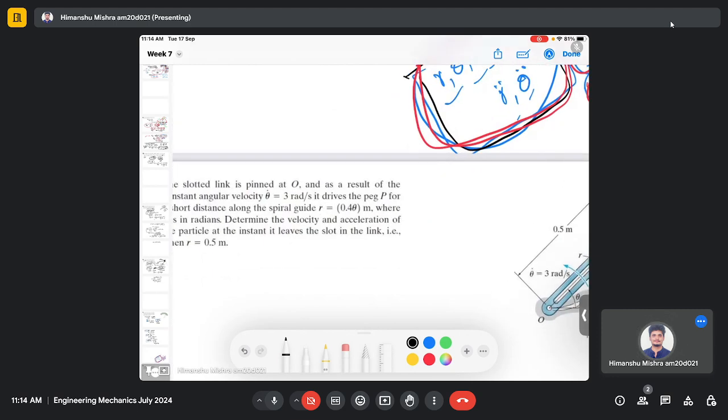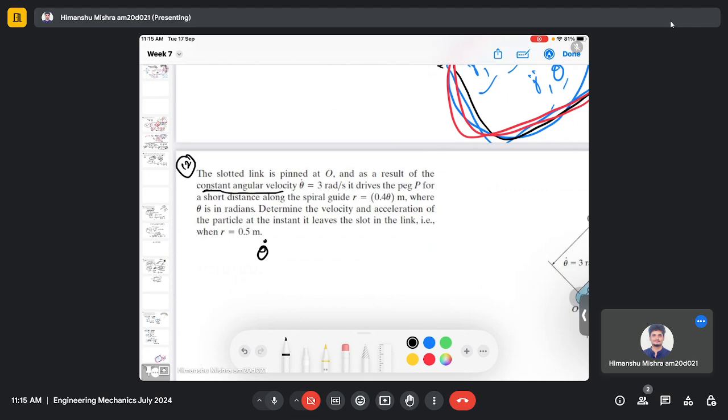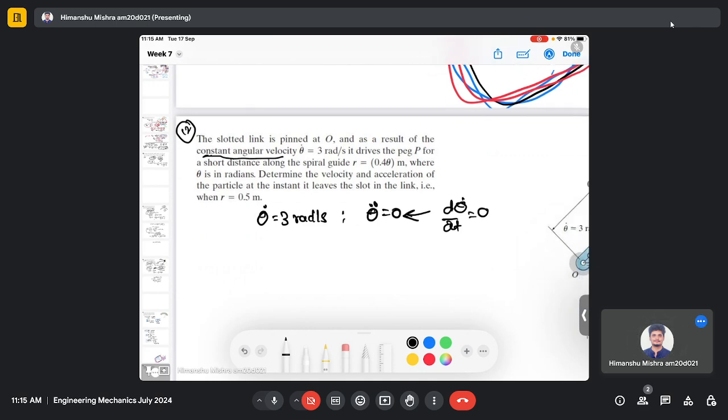From the question we are given that theta dot is constant, which is 3 rad per second, which means theta double dot is 0, because the rate of change of theta dot is 0. And we are given r, which is 0.5 meter, and the relation of r and theta, r equals 0.4 theta.